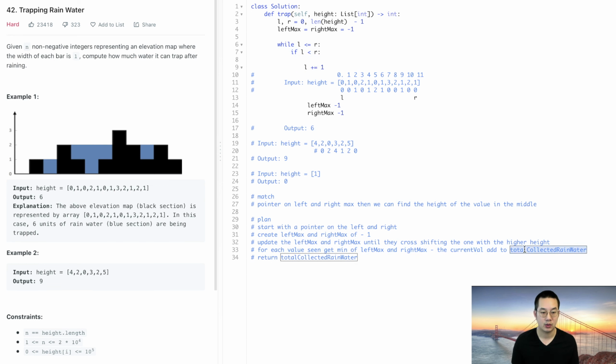And total collected rainwater is equal to, like we said, the minimum between left max and right max. Oh, let's set the water at 0, my bad. I think 0 makes more sense, because you can't collect the water on the left and right side. When you have negatives, it causes weird stuff to go on. So we have the minimum between left and right, and minus the current value.